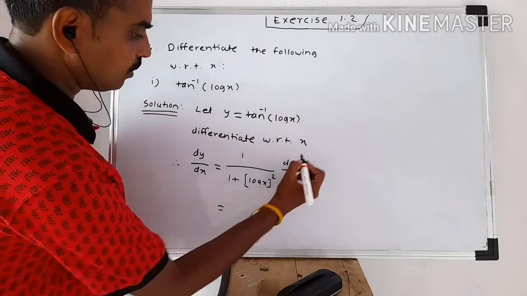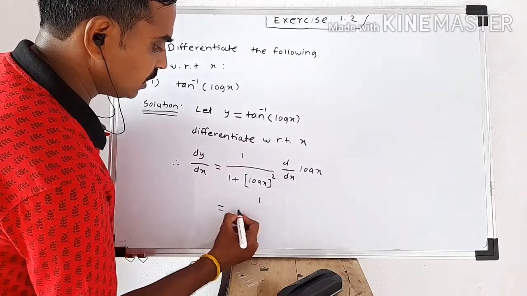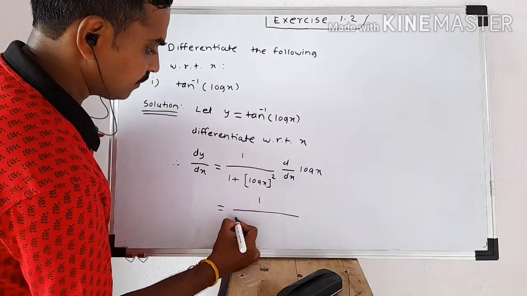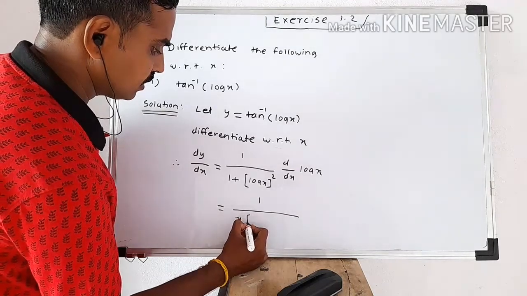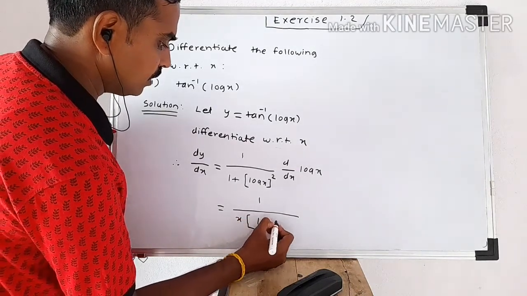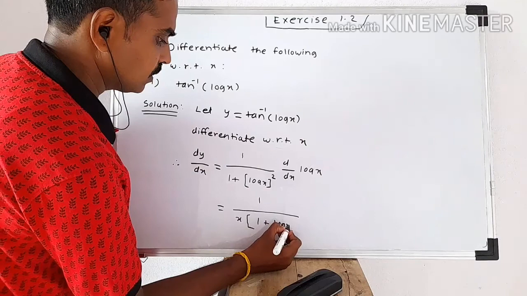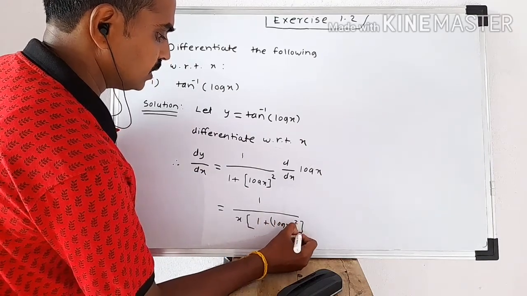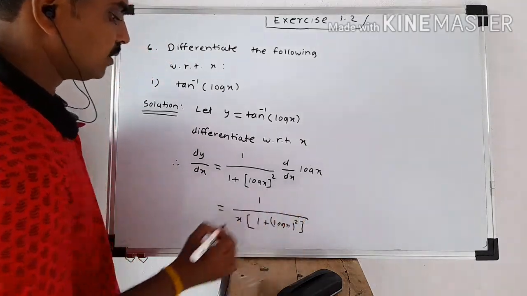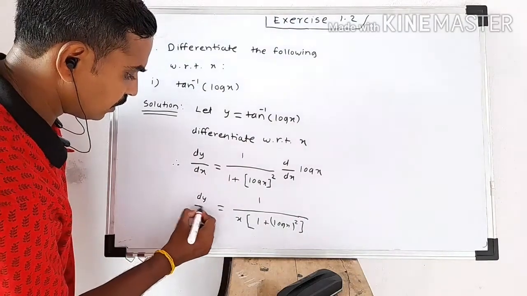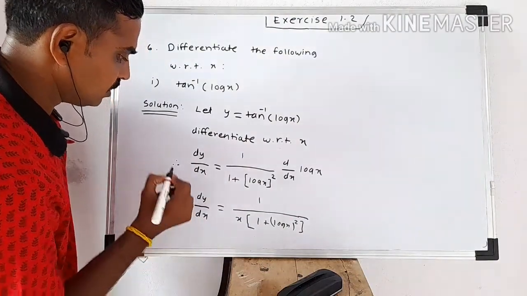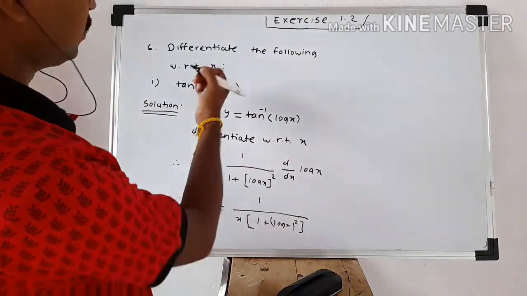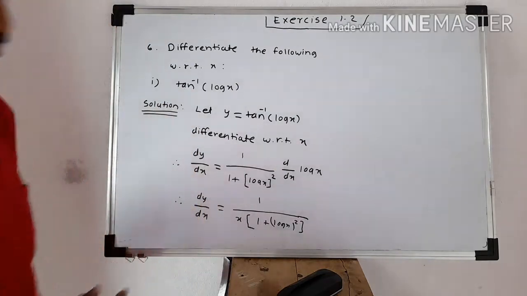Now the derivative of log x is 1 divided by x. Therefore we get 1 divided by x into bracket 1 plus log x bracket square bracket close. This will be the required derivative of y with respect to x. This is the complete solution for this expression.